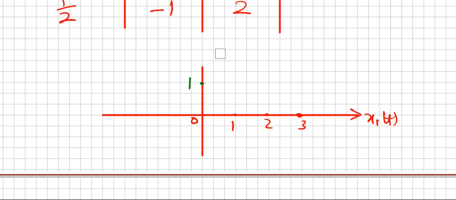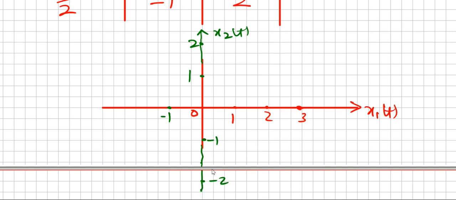I will increase the scale. And 1, 2, 3. Here is 2. Then here minus 1. Here minus 1. And let us say this is minus 2. Okay. So now I have x1(t) versus x2(t).